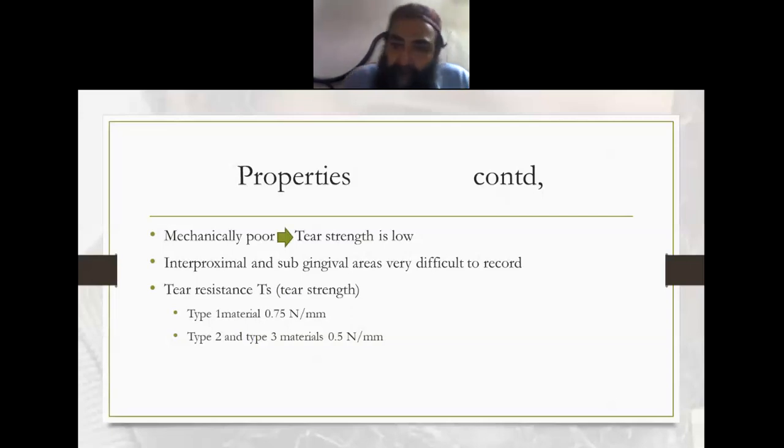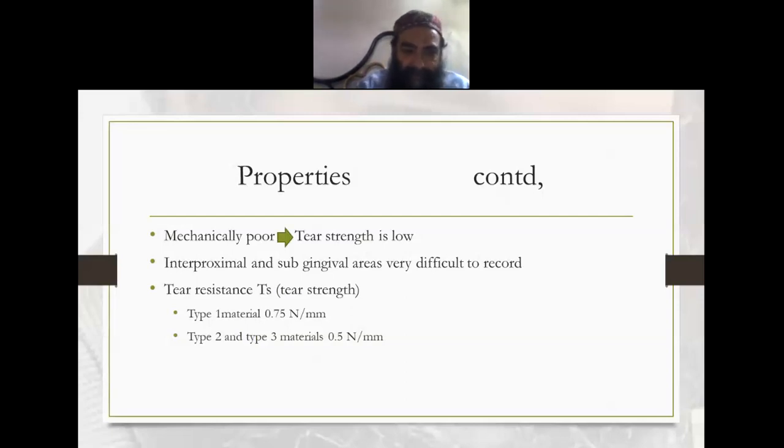These are very difficult to record through agar impression material due to its poor mechanical properties and low tear strength, because the sections there are very thin, so on removal they can easily be broken.